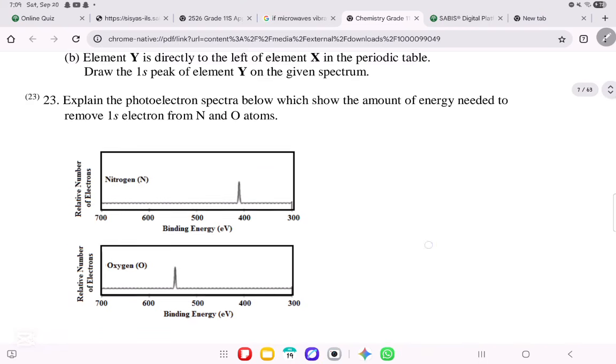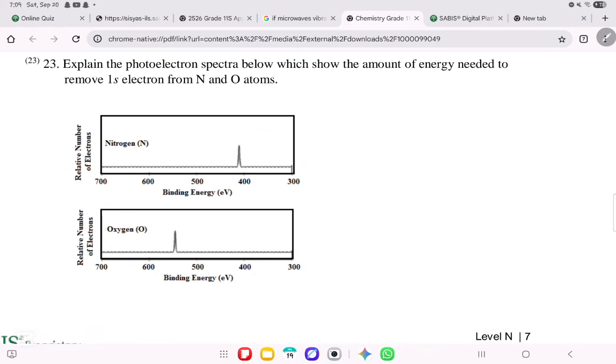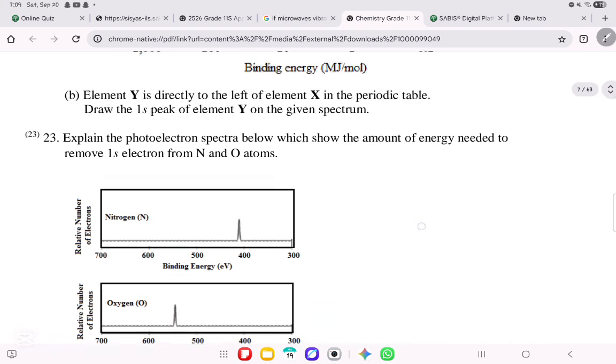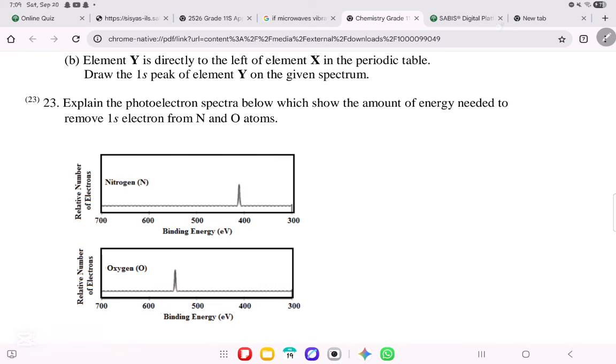Explain the photoelectron spectra below, which show the amount of energy needed to remove one s electron from N and O atoms. Now, very simply, nitrogen requires less energy than oxygen. Why exactly is that? Very simply, this is because oxygen has what?